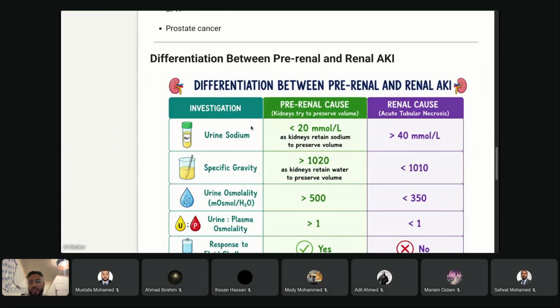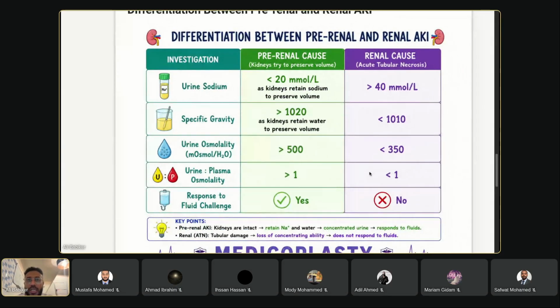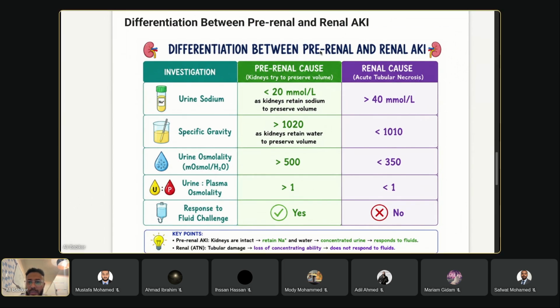Here, okay, this table is very important for your life and slightly for your exam. Differentiation between pre-renal and renal AKI. All right, in pre-renal cause, the urine sodium will be less than 20 millimole per liter. Why?